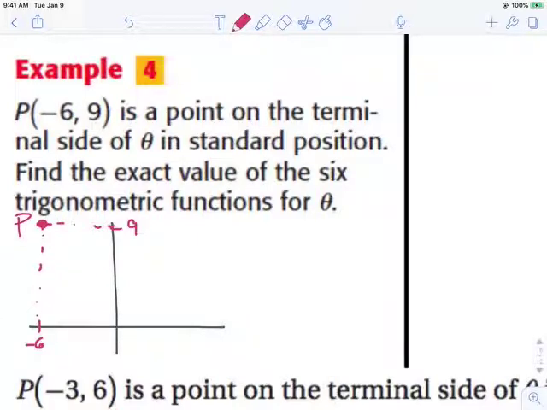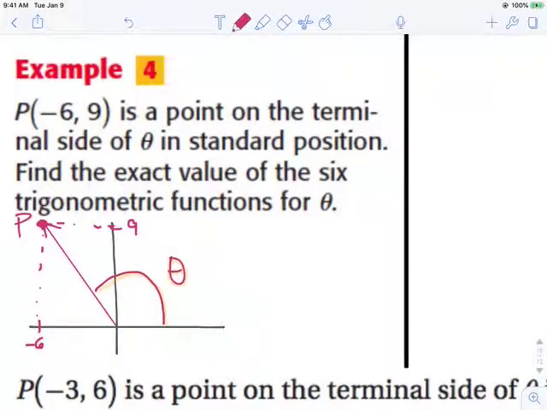There's your point P. There's your terminal side, or your vector. And now where's your angle? Your angle is right here, right? This is theta.